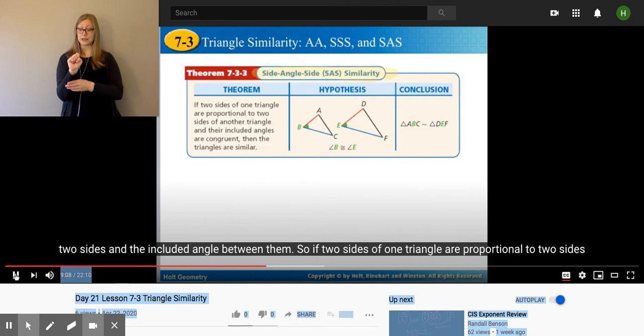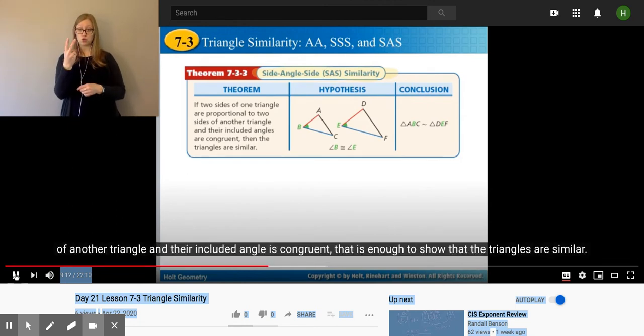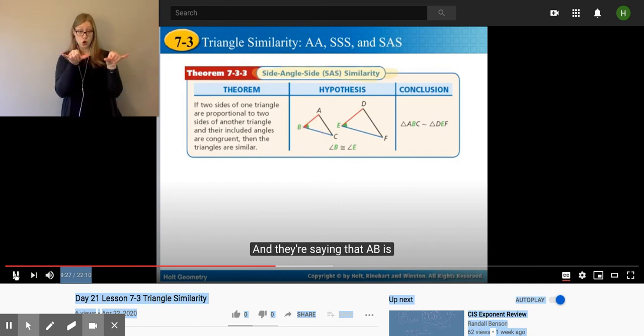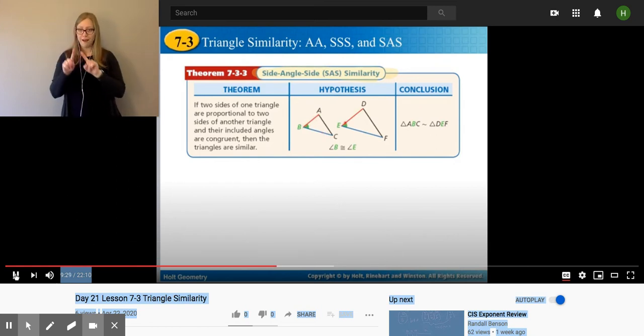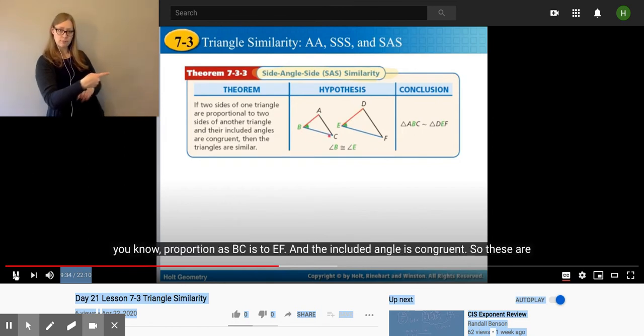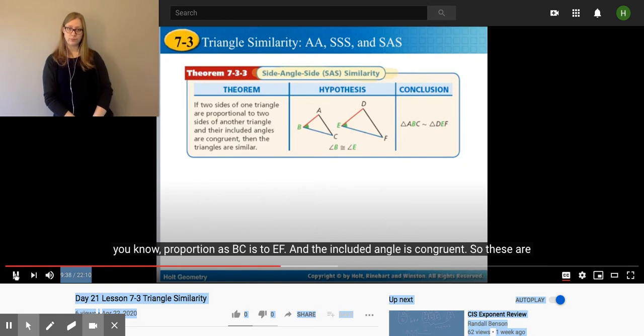So if two sides of one triangle are proportional to two sides of another triangle and their included angle is congruent, that is enough to show that the triangles are similar.